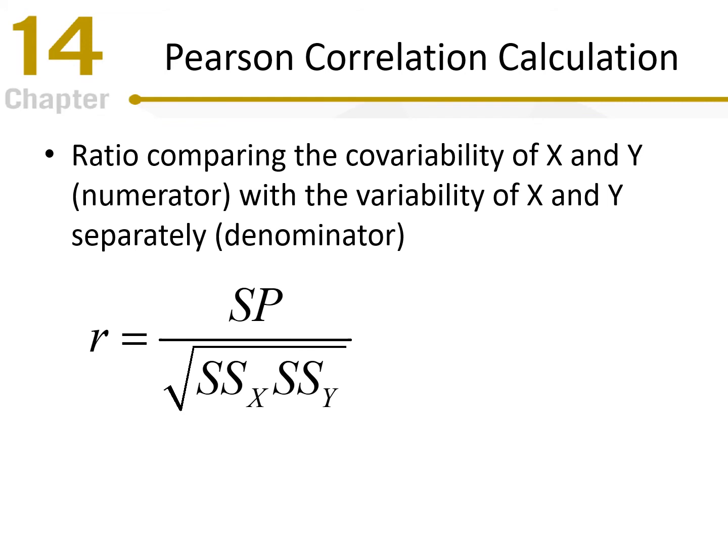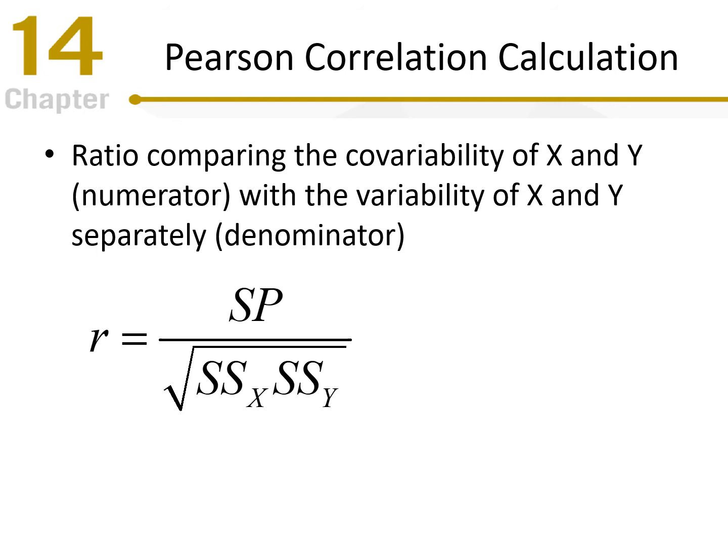Now, once you get the sum of the product of the deviations, which is SP, it becomes very easy to calculate correlation. So the correlation is simply equal to the SP, the sum of the product of the deviation scores, divided by the square root of the sum of squares of x times the sum of squares of y. And we've done sum of squares countless times, right?